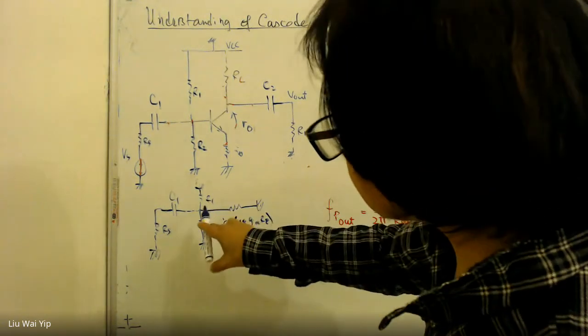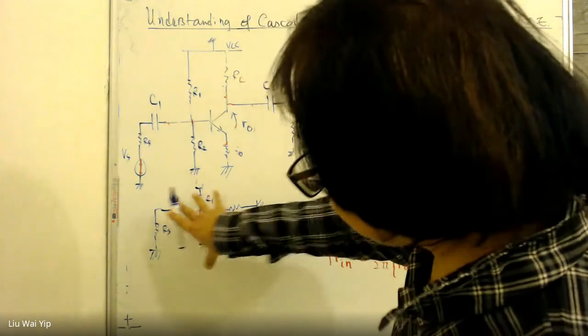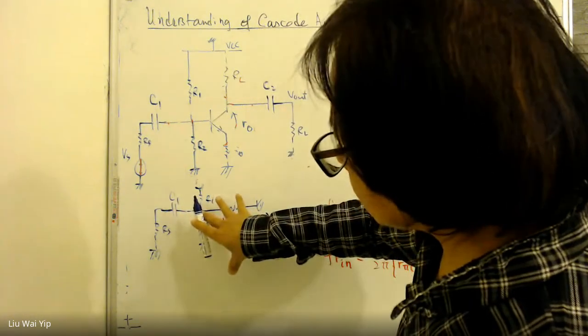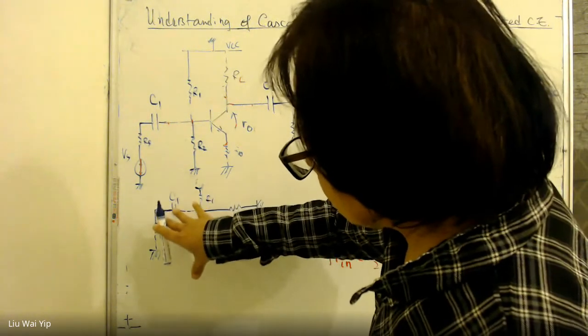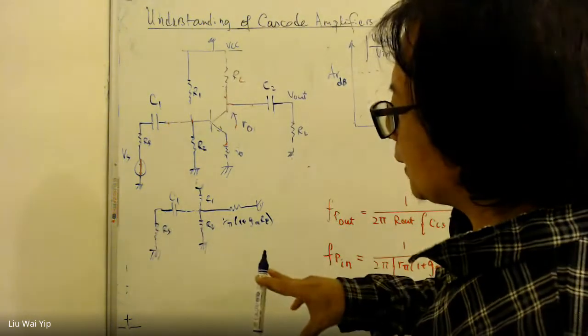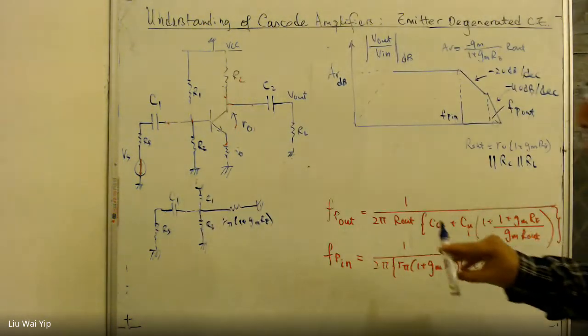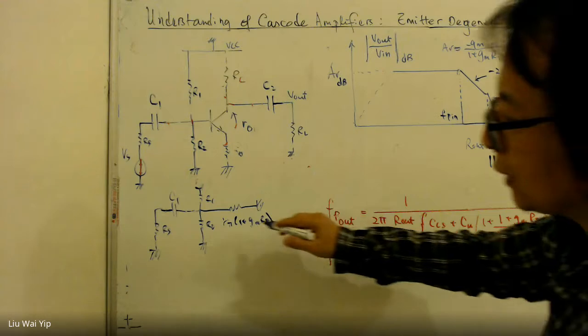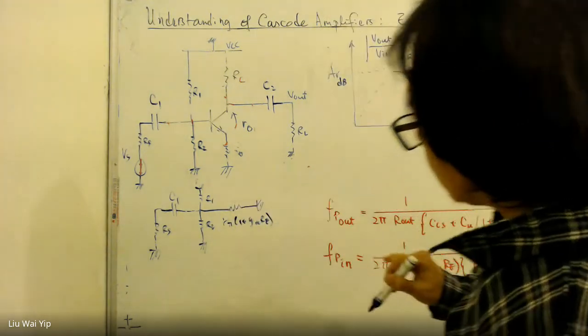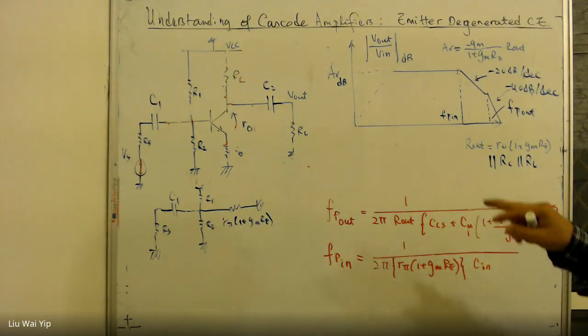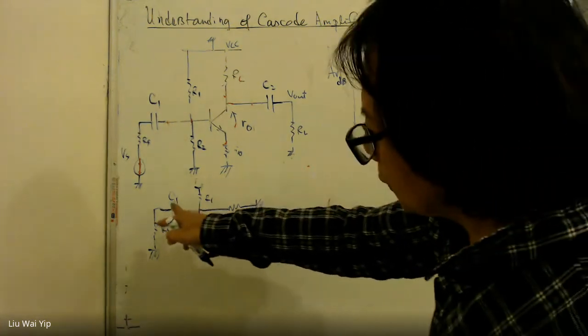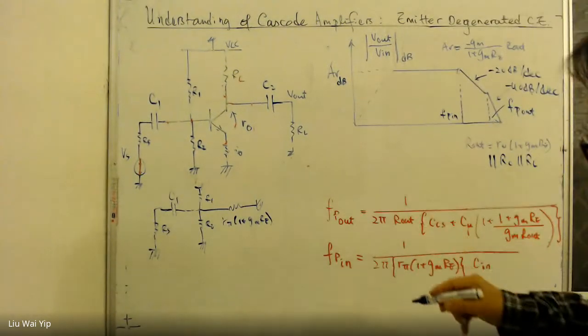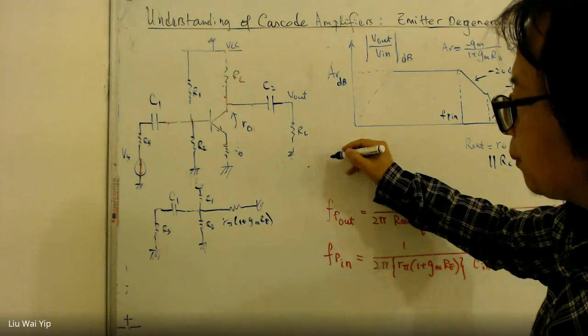The left side of the capacitor is connected to RS. The right side of the capacitor C1 is connected to this network. To calculate the pole associated with C1, we need to do this.